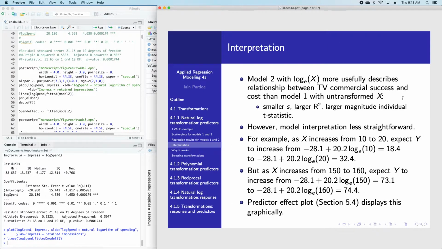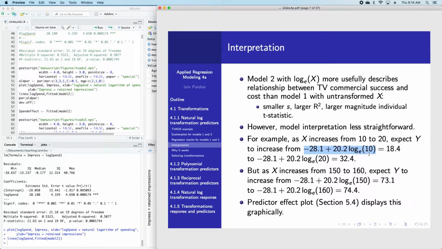So we've discovered evidence that model 2 is better than model 1 here, but the downside is model interpretation is a lot less straightforward. So we can get some idea of what the model is doing by looking at fitted values or predicted values from the model. So that's what this equation is here.